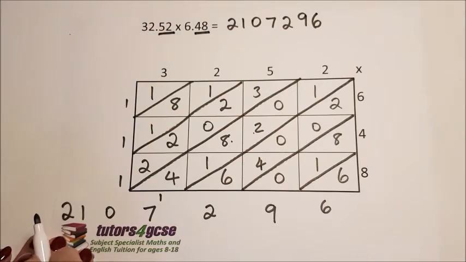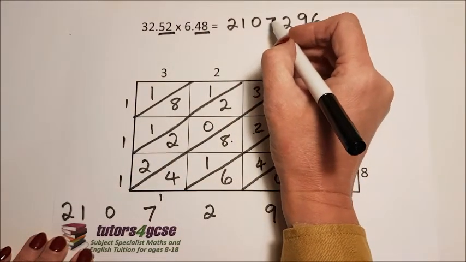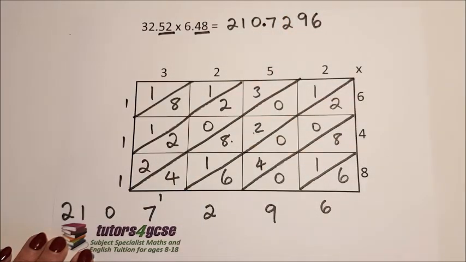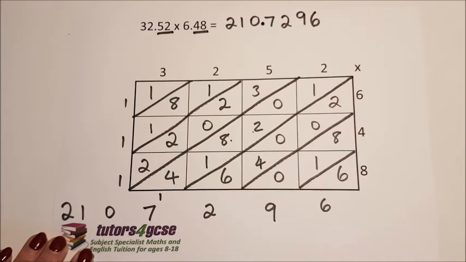So 4 decimal places, and that's what we need in the answer. So 1, 2, 3, 4, that's where our decimal point will go. So 32.52 multiplied by 6.48 gives us an answer of 210.7296.